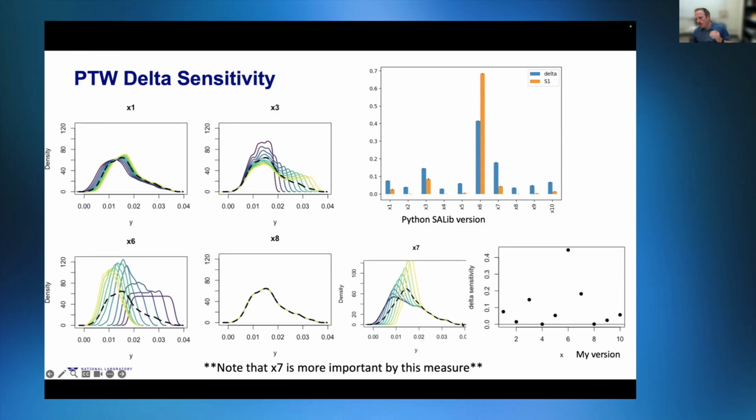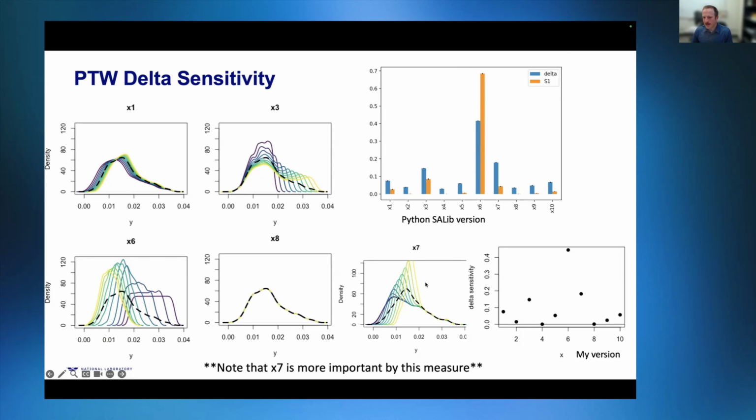What this is showing up here, I used the Python package SALib with PTW, and it gives me the delta indices, and the main effect for Sobol is also shown. The Sobol main effect is pointing to x6 being the key player, then x3, and then maybe x7. But this delta approach is showing x6 being the main player, but then x7.